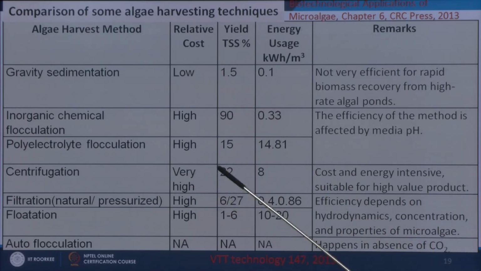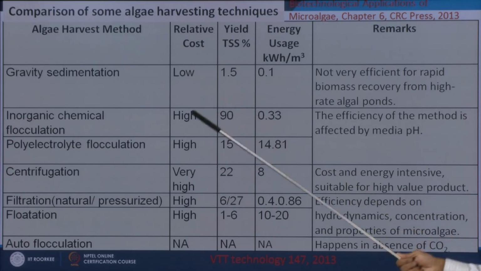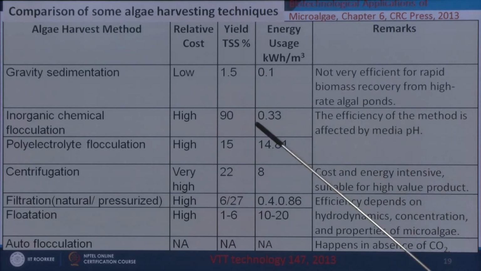The very high cost is with centrifugation, and very high TSS yield is with inorganic chemical flocculation, but this method has some difficulty: the cell wall will be changed, and that may create difficulty for oil extraction at a later stage, and the method is affected by the media pH.